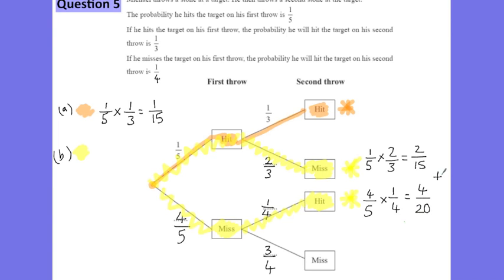We then need to add these 2 up. Adding these 2 up, we have a final answer of 1/3. The probability of hitting only once is equal to 1 over 3.